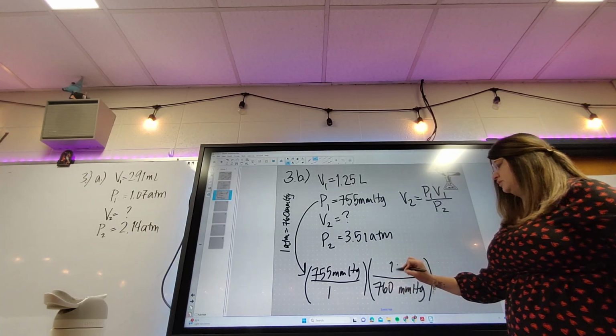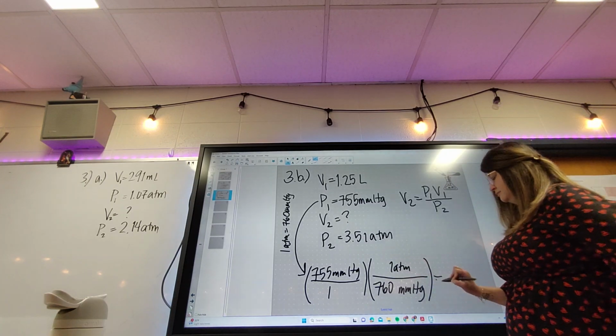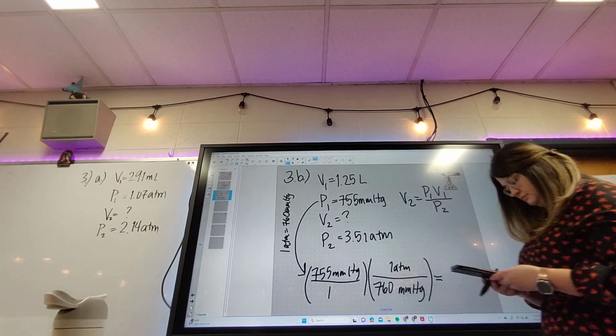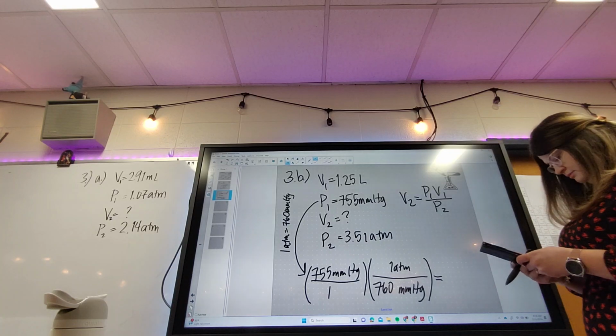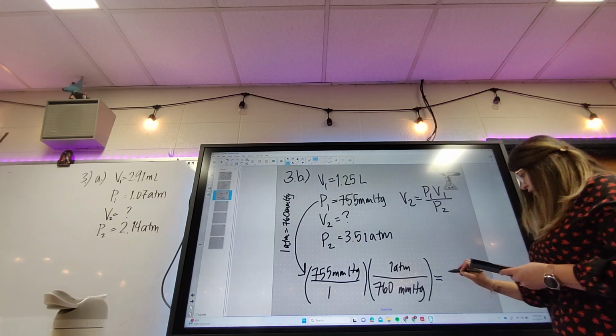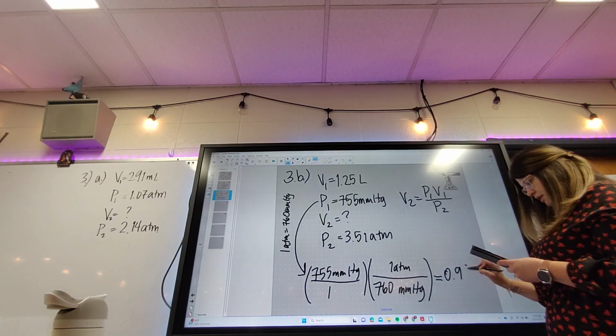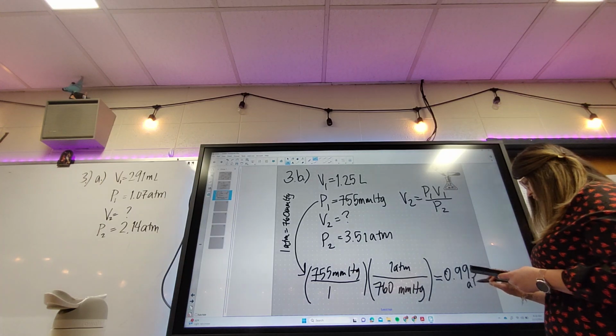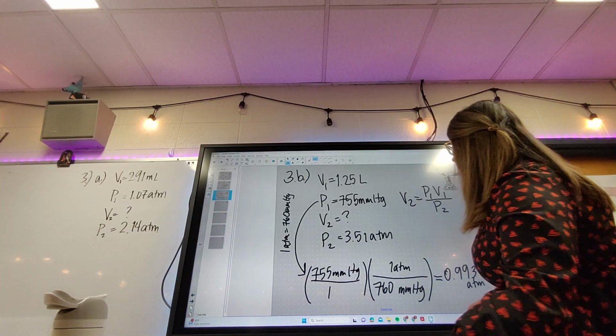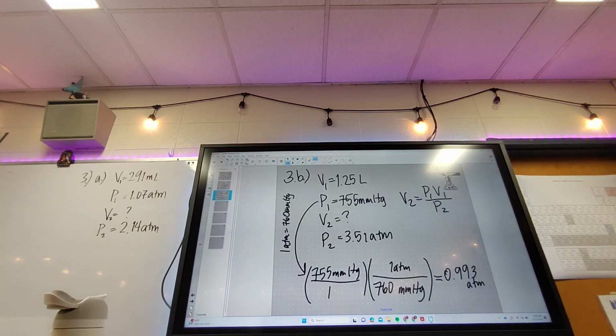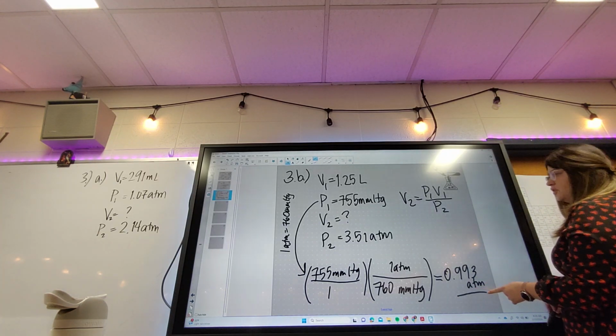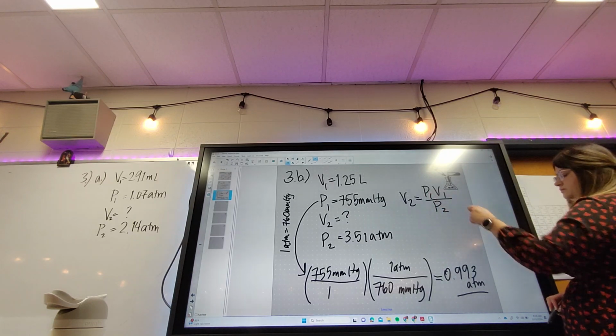And then 1 ATM goes on top. And I get 0.993. So now I know that this is the number that I have to put in here for P1.